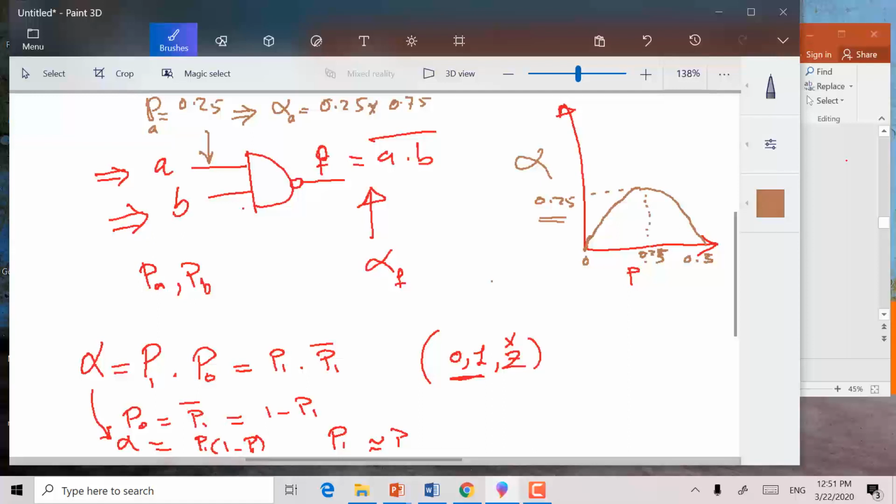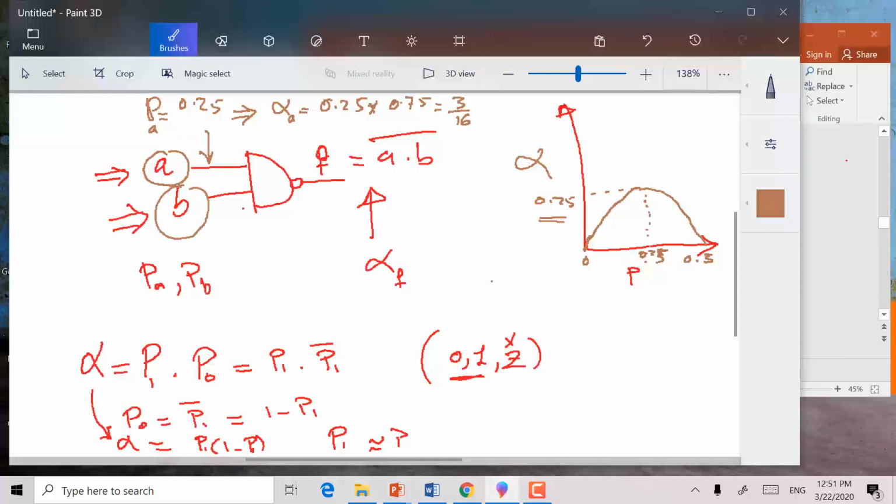Well, this ends up being 3 over 16, if I got my numbers right. So for the inputs, we are given the probabilities, and so we calculate the activities.